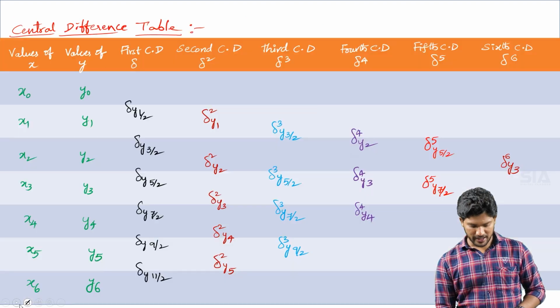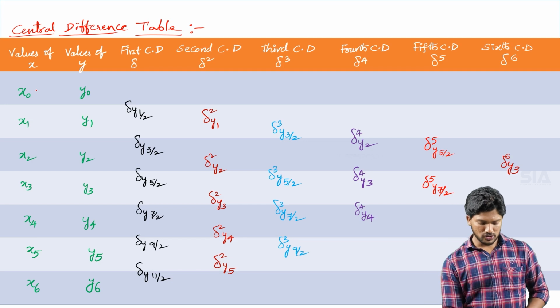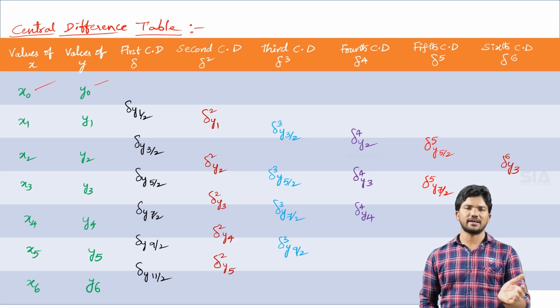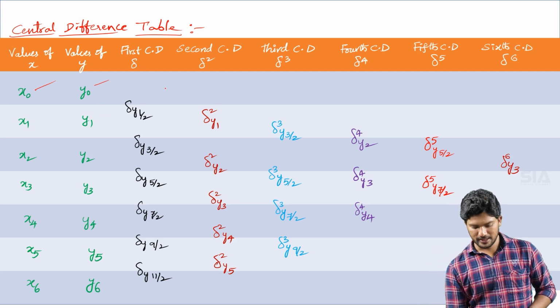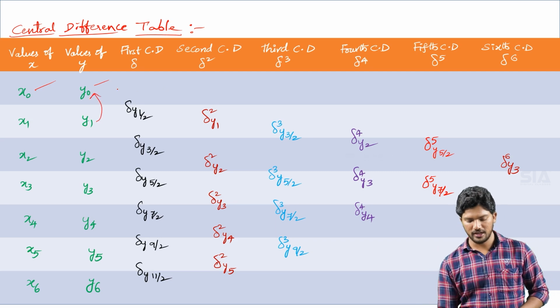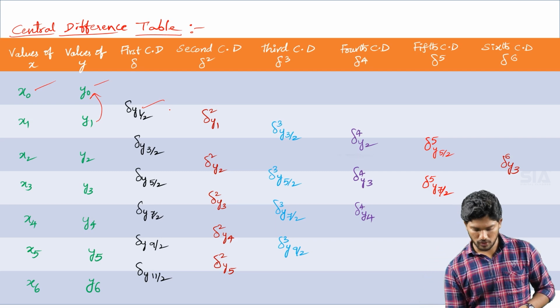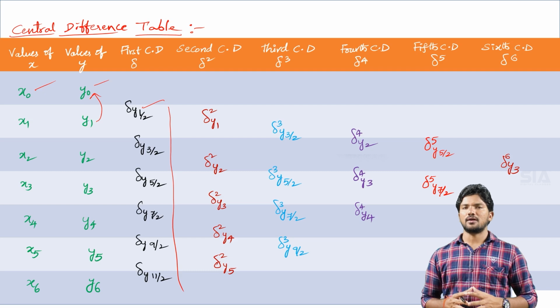In the next page we can see the central difference table. For the first two columns, from the problem they will give clearly the x values and corresponding values of the y's. Now by taking the subtraction y1 minus y0, you can write the first central difference operator.